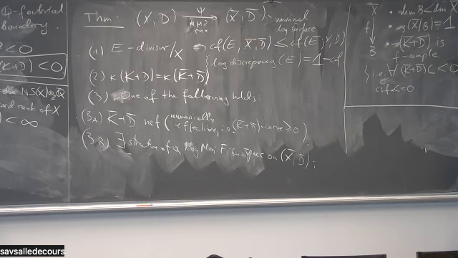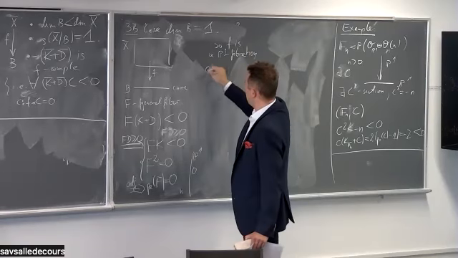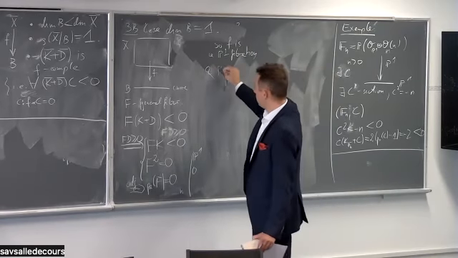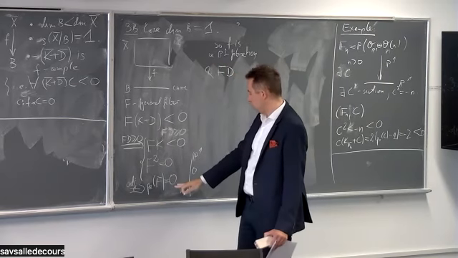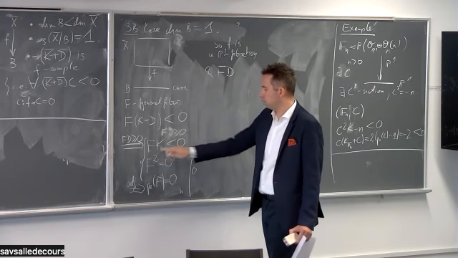F times (K plus D), and F times D. Now, once I know it's a zero curve, I know that F times K is actually -2.